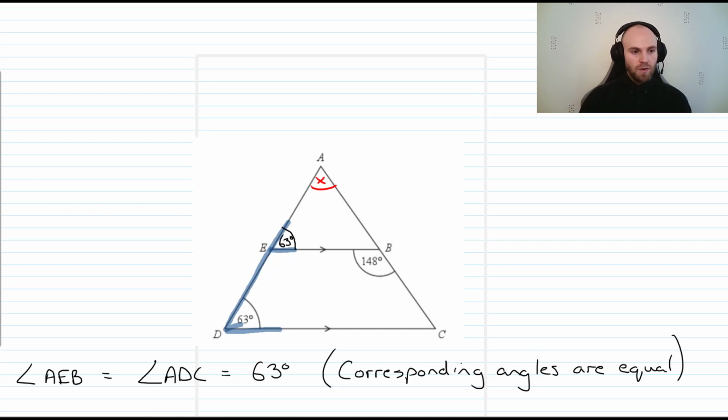So what else can we find out here? Well, I'm just going to put this into green. What I can also say is we have this straight line, and we have this angle here, ABC, which is 148 degrees. Well, this is on a straight line, and all angles on a straight line add up to 180 degrees. So it's going to be 180 minus 148, which is going to give us 32 degrees.